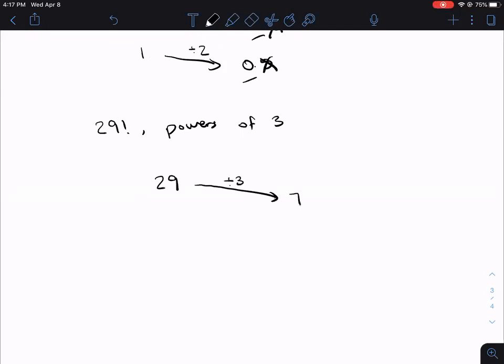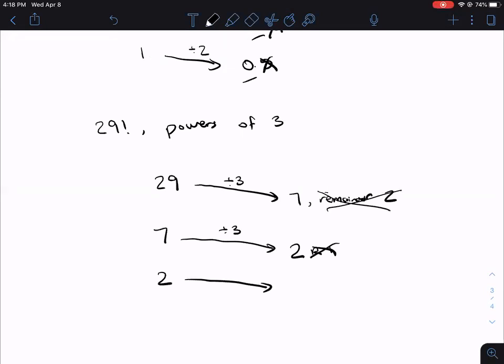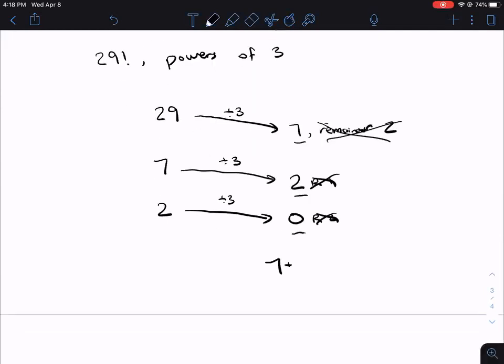And we get 7 with a remainder of 2. But we can just ignore the 2. Now 7, we divide by 3 again. We get 2 with a remainder of 1, but we ignore that. And we have 2 here. And we get 0 remainder 2. And everything after is 0. So we add these numbers together. And it's equal to 7 plus 2 plus 0 equals 9.